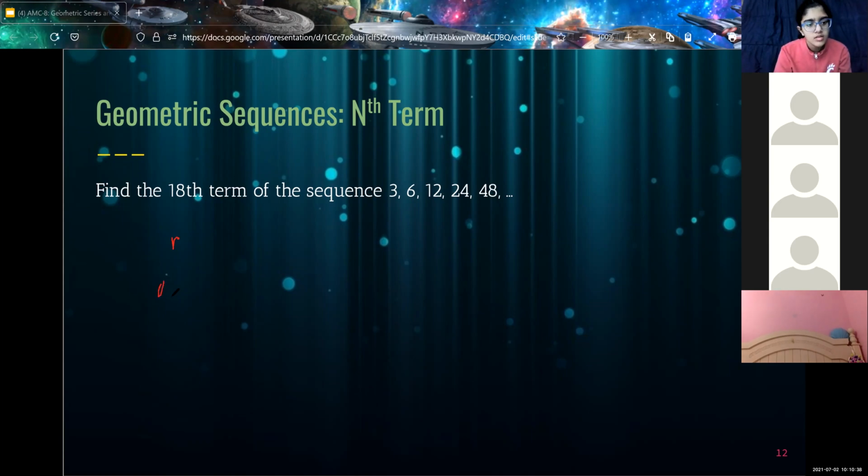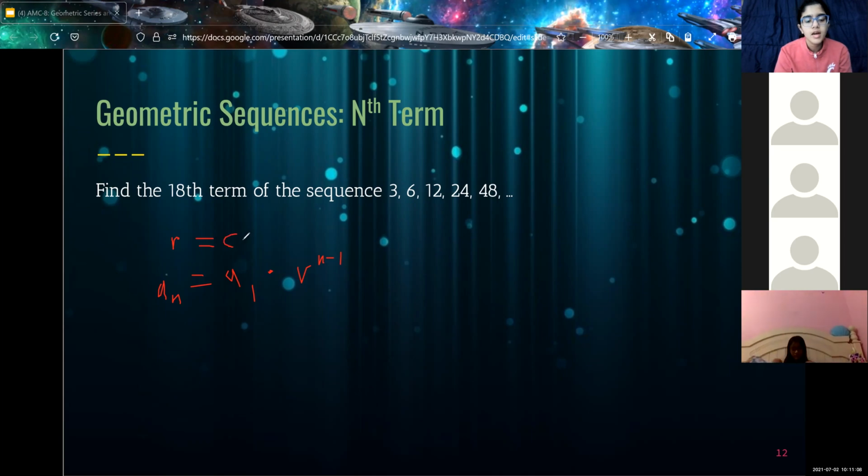So a_n, which is the nth term, is equal to a_1, which is the first term, multiplied by r to the power of n minus 1. And for this, you can use a calculator because I don't want to slow down class. Okay, r is the common ratio.